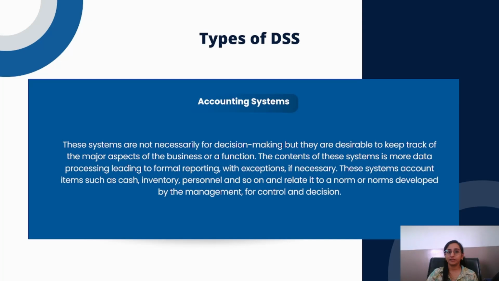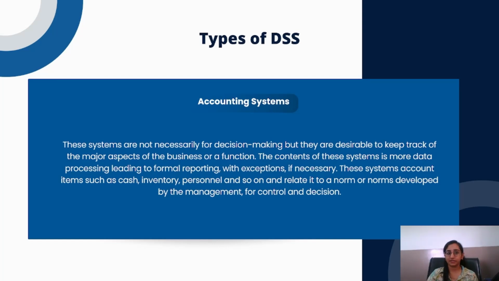For example, the first point is cash accounting systems, which means tracking cash flow to ensure proper management of incoming and outgoing funds. Next, we can take inventory accounting systems, which means monitoring inventory levels to manage stock efficiently and prevent overstocking or stockouts.